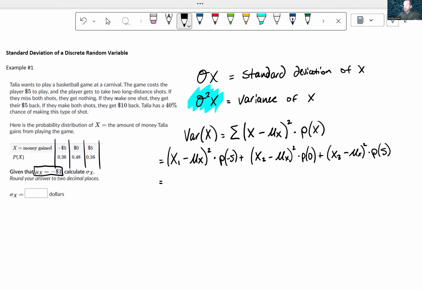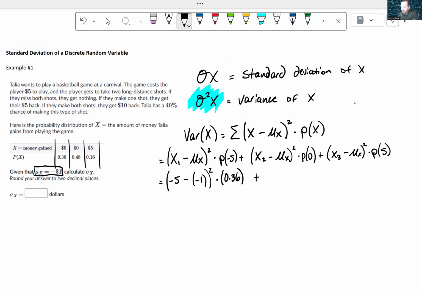All right, so now for x1, that's -5, where our x value is, minus the expected value of -1. Minus -1 is going to be +1, but we're just going to leave that like that and then square it, times the probability that we have -$5, which is 0.36.